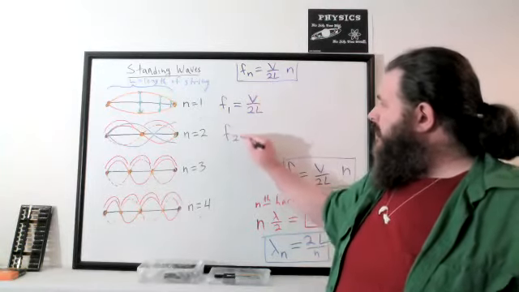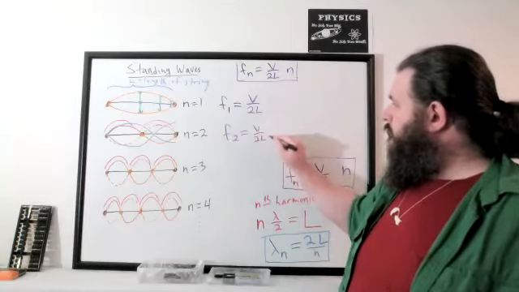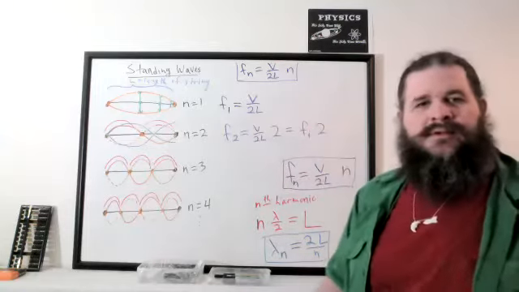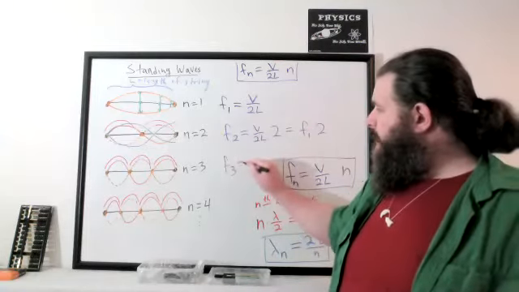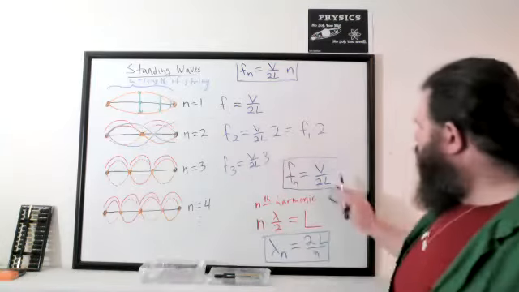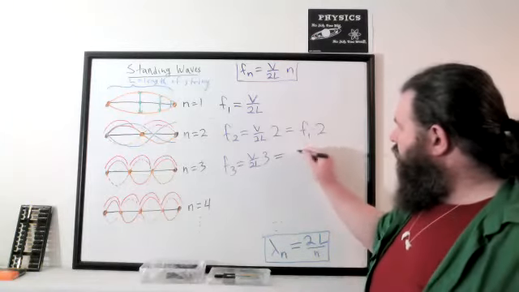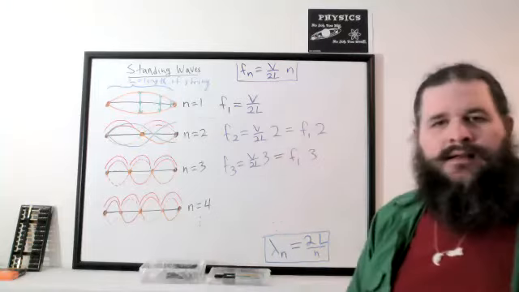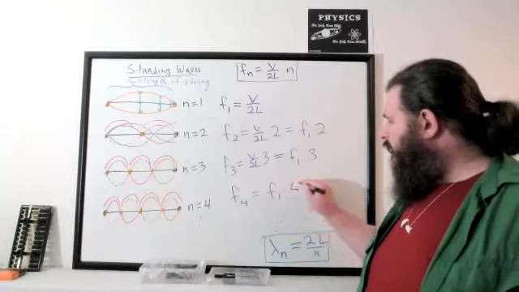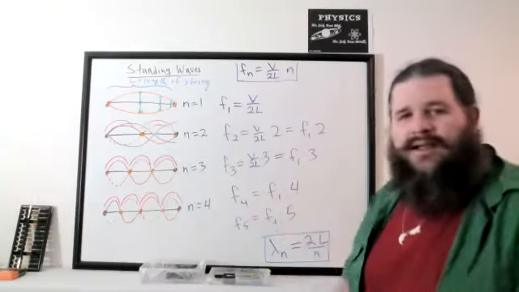Frequency of the second harmonic, we just take that same value and multiply by 2. In other words, it's the fundamental frequency times 2. And then the third harmonic, V over 2L times 3, and since V over 2L is the fundamental frequency, this is just F1 times 3. Likewise, the fourth harmonic is going to have a frequency that's just F1 times 4. Fifth harmonic is going to have a frequency that's F1 times 5, and so on.